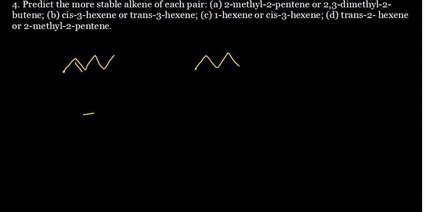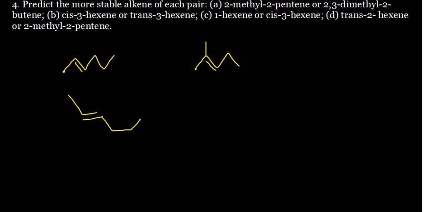So we're going to have a double bond here, and then 1, 2. I can put it like this. Okay. So this is 1, this is 2, this is 3, this is 4, this is 5, this is 6. Just to make sure that the groups are on opposite sides, that's why I've written it like this. And then we have got the 2-methyl-2-pentene.